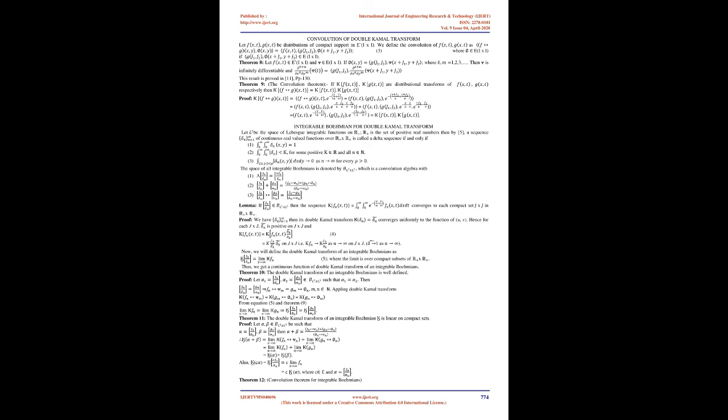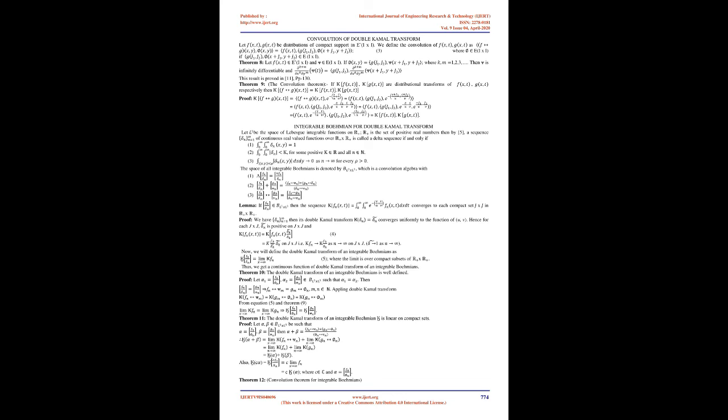Lemma: if then the sequence k equals converges to each compact set X in X. Proof: we have then its double Kamal transform converges uniformly to the function of U, V. Henceforth, each jxj is positive on jxj and k equals k. 4 equals on jxj, i.e. k as, on jxj, 1 as.